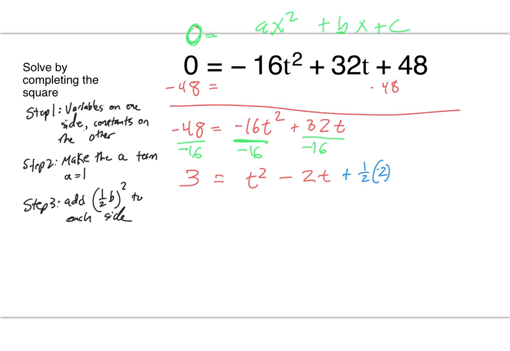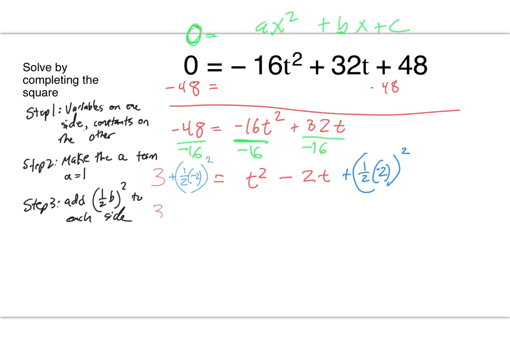So I'll put negative 2 in there. I take this whole thing and square it. On the left-hand side, I'm going to do the same thing. But what I'm going to do here is I'm going to quick move the 3 over. Plus 1/2 of negative 2, whole thing squared.